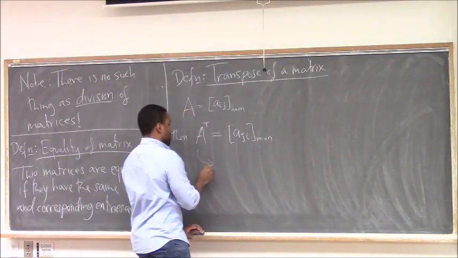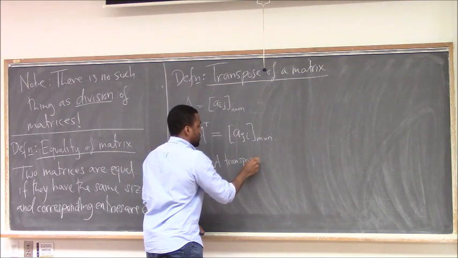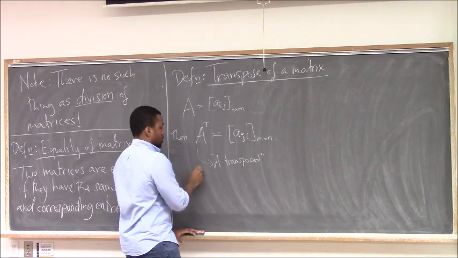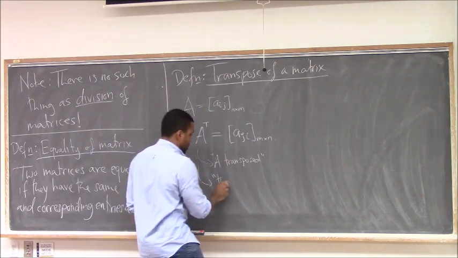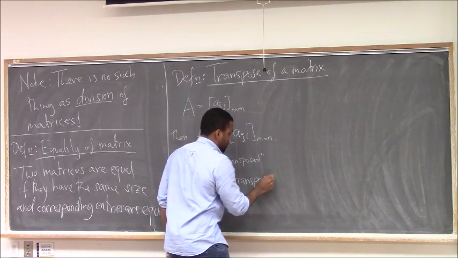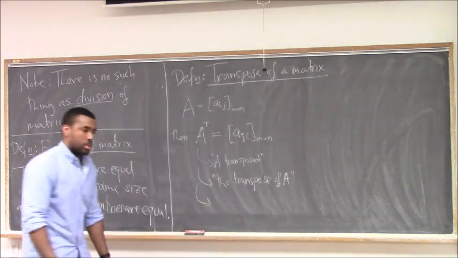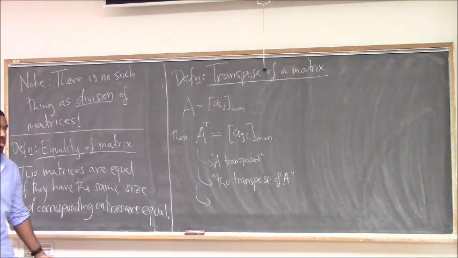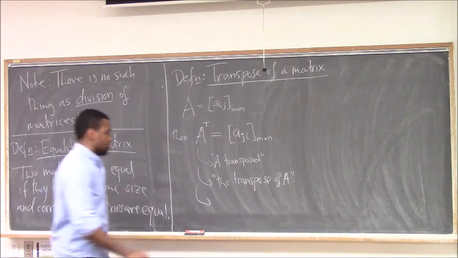So this is called A transpose, or the transpose of A, but I'll usually say A transpose when I'm talking. Basically what happens here is rows and columns are interchanged. So the first row becomes the first column, the second row becomes the second column, and so on and so forth.